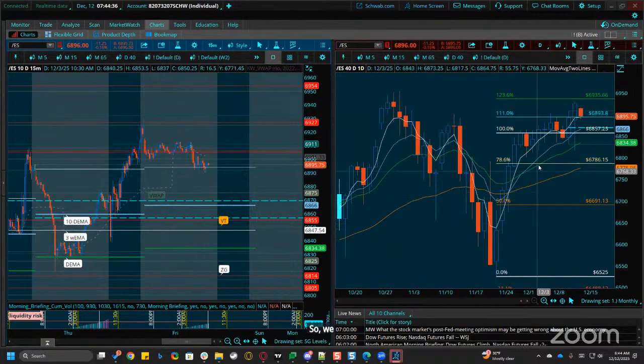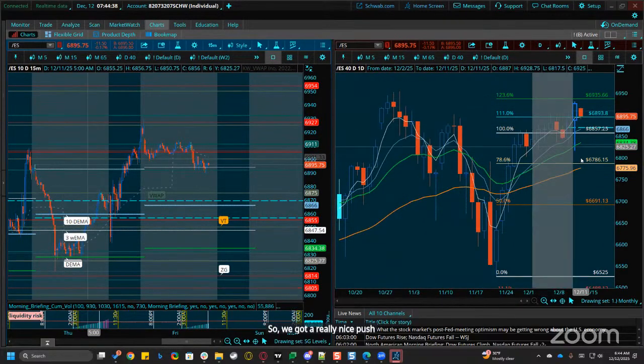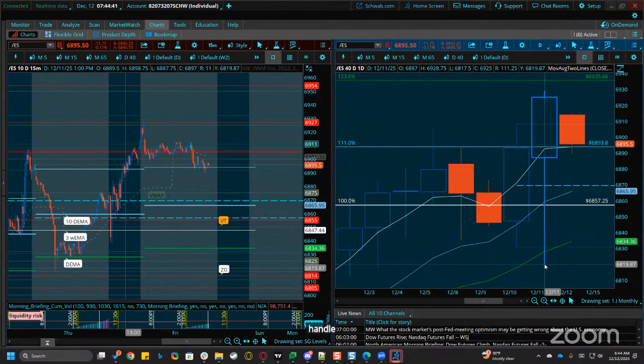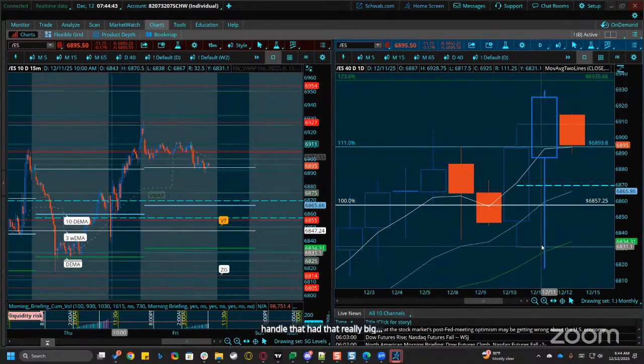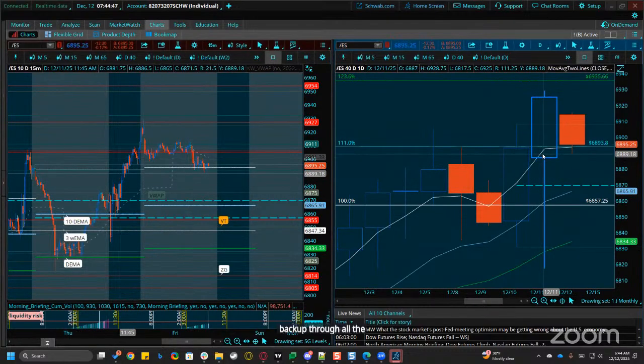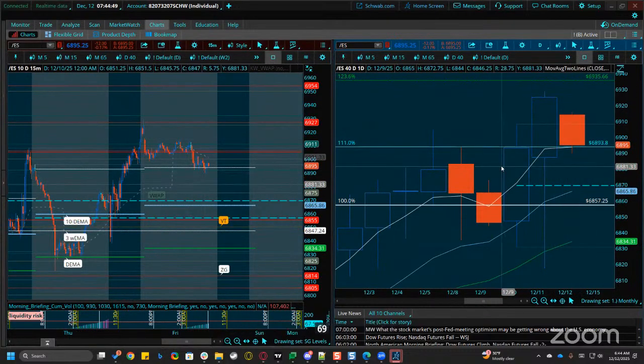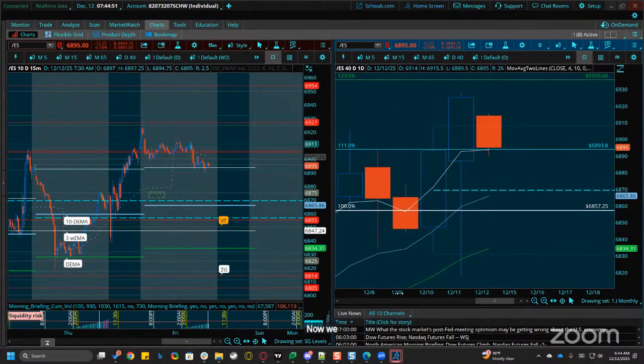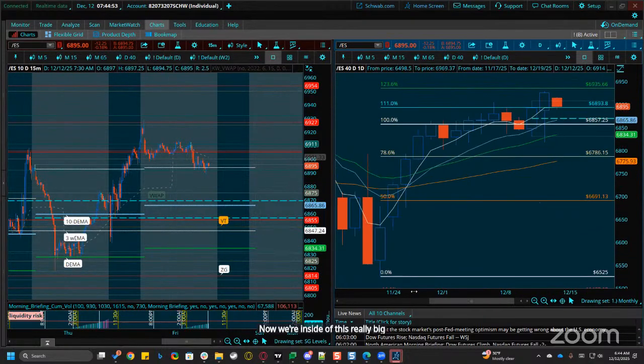So we got a really nice push yesterday. You see that candle that had that really big tail all the way down to the 20, back up through all the moving averages, 69.32. Now we're inside of this really big bar.